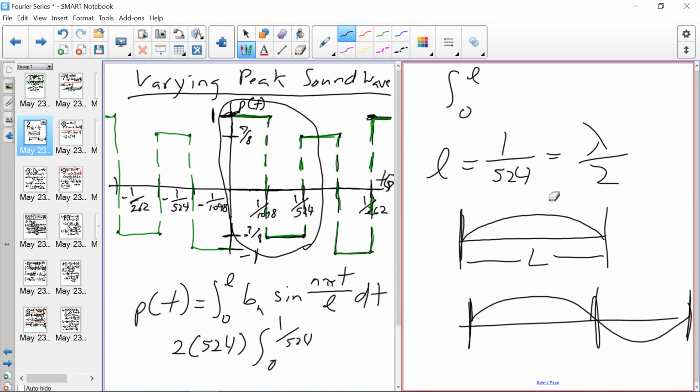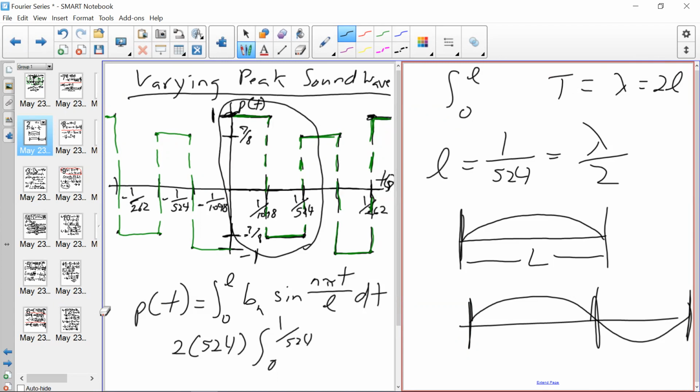A full period is going to be a full wavelength, or twice the length. So if we're just solving for full lambda, not lambda/2, a full lambda is going to be a full period, which is twice the length. So this is L, and then add another L for 2L for a full wavelength, which corresponds to a full period.